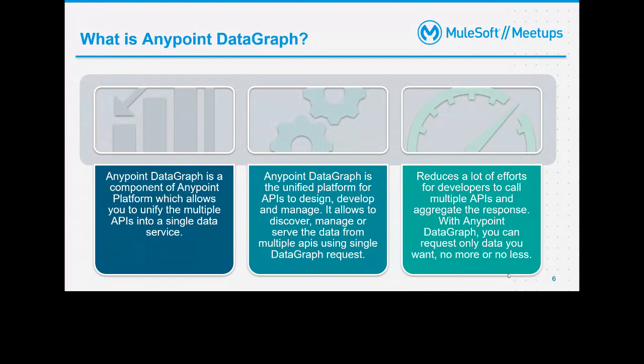Let's consider that in future another channel comes, like an IoT device or some other kind of consumer, and it wants 4 fields. Then you have to create one more API which will filter and make sure it returns just those 4 fields, right? With Anypoint Data Graph, you can avoid this kind of thing. We are going to see it in the demonstration.